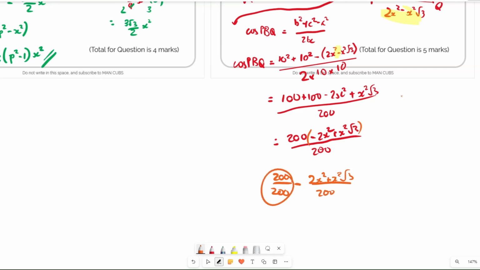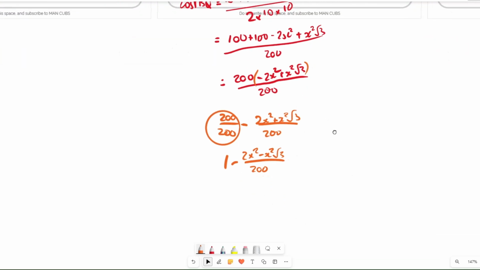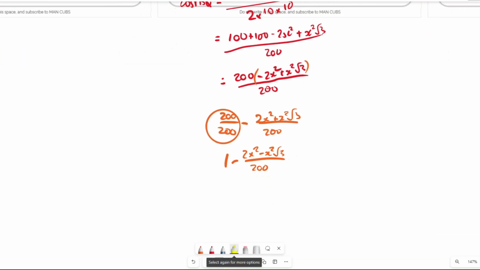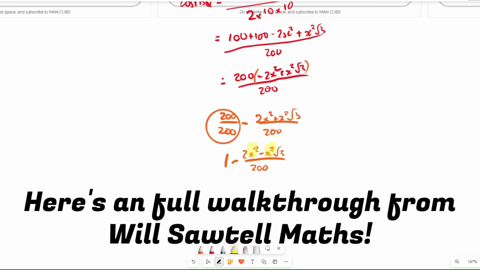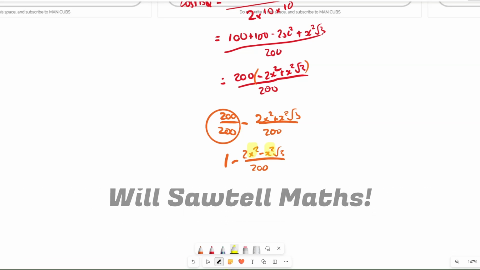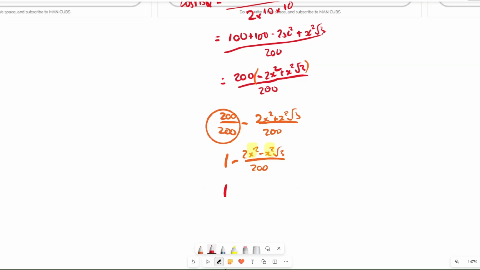And this is just going to turn into a 1, isn't it? So we end up with 1 minus 2x squared minus x squared root 3 over 200. And then we also take out a factor of x squared, because it's common in both terms on this fraction. So our final form is going to be 1 minus 2 minus root 3 over 200 x squared.